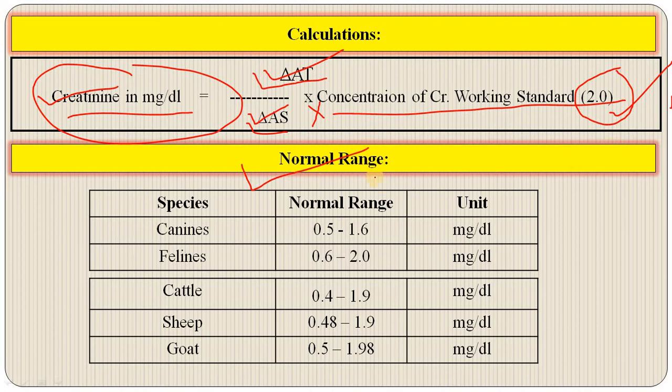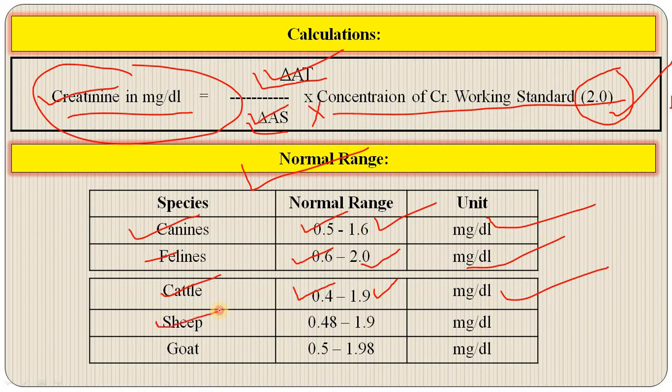So normal range in case of canine ranges from 0.5 to 1.6 milligram per deciliter. In case of felines or cat, it ranges from 0.6 to 2 milligram per deciliter. In case of cattle, the concentration of serum creatinine ranges from 0.4 to 1.9 milligram per deciliter.